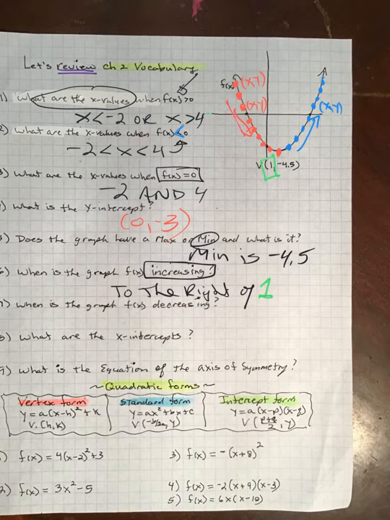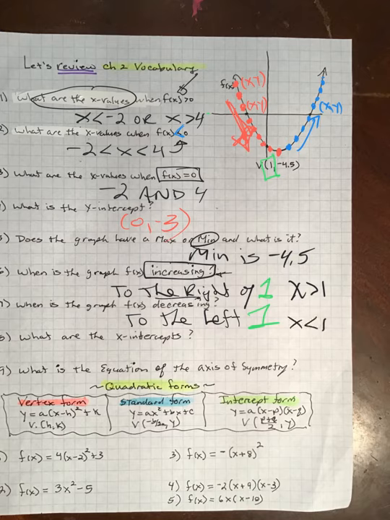And they're decreasing when they're going down. So they're decreasing to the left of the vertex. And in this case, we have to put to the left of 1. We could have also said the x values are greater than 1 when it's increasing, and the x values are to the left of 1 when it's decreasing.